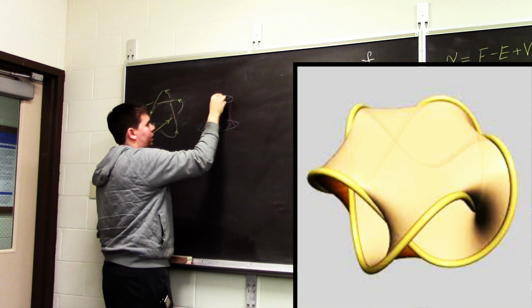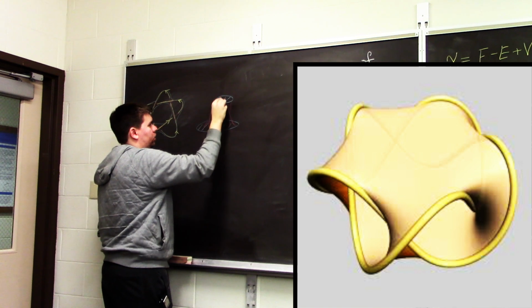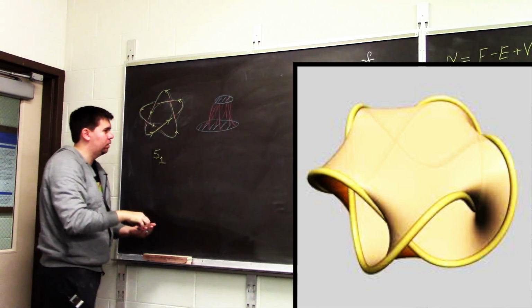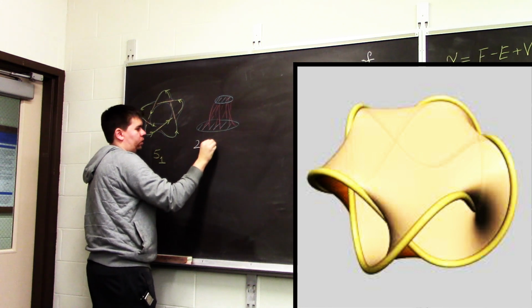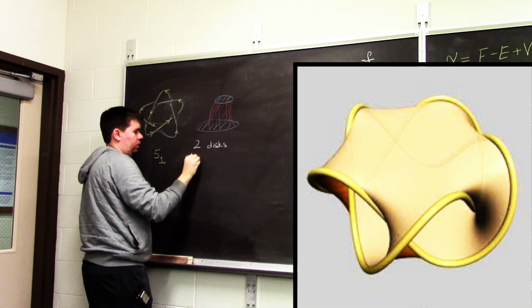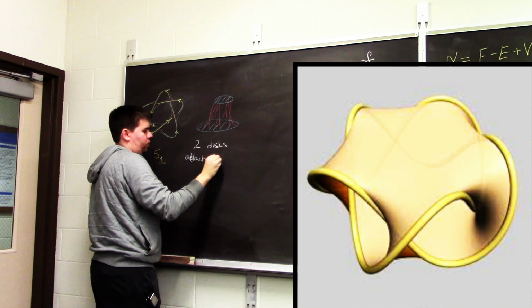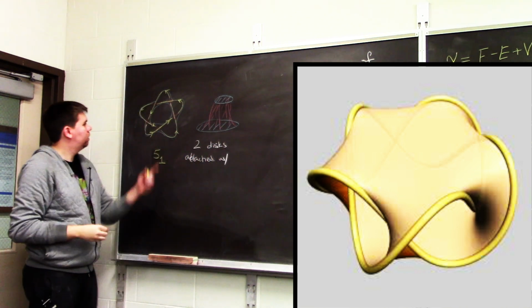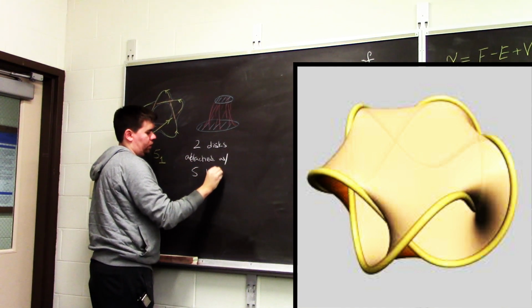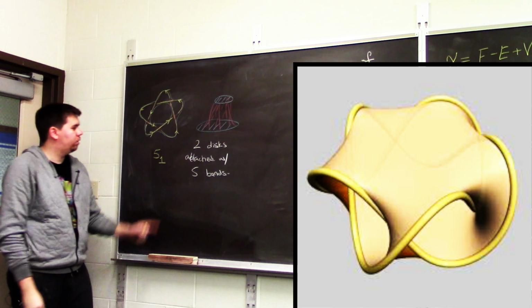We'll do 2 in the back, I guess. It's 2 disks attached with 5 bands that correspond to the 5 crossings.